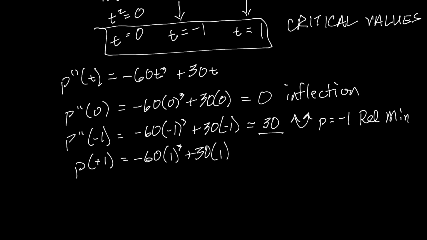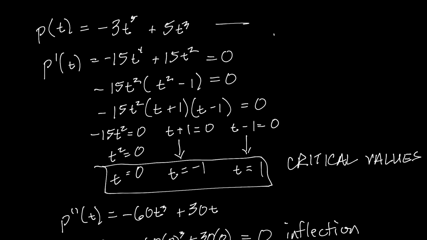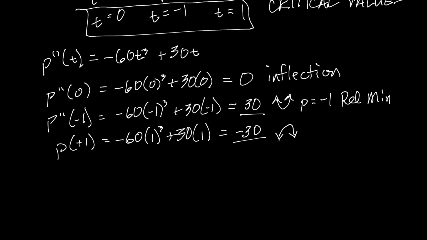So that's a negative 30. But the important thing is that it is negative. It's a negative 30. So that means this region of the curve, whatever curve this is represented by, is going to be concave down. And so that means that at p equals 1, we're looking at a relative maximum.